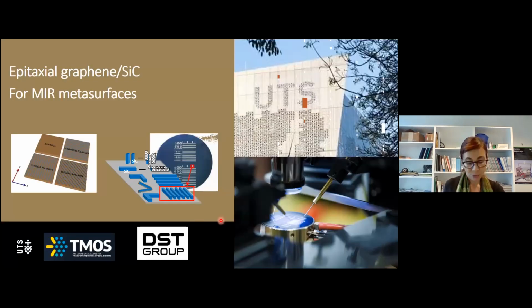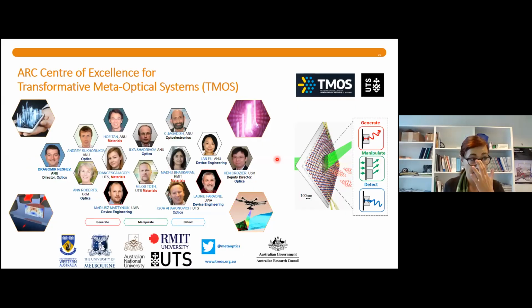I did want to go through the applications a little bit now, particularly let's start with the mid-infrared metasurfaces. Basically here the idea is that now that we can make any complex structure at the wafer level composed of this silicon carbide coated by graphene, how can we use this, for example, for IR detection? A very quick interlude: this is what we are doing as a contribution to the TMOS Center of Excellence, the new Center of Excellence that officially started early this year.